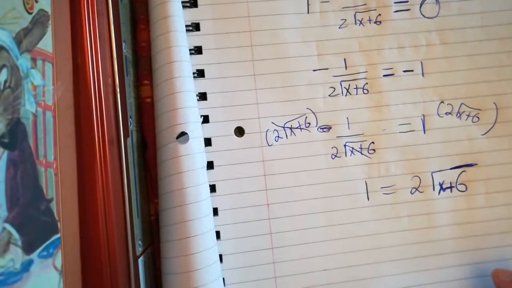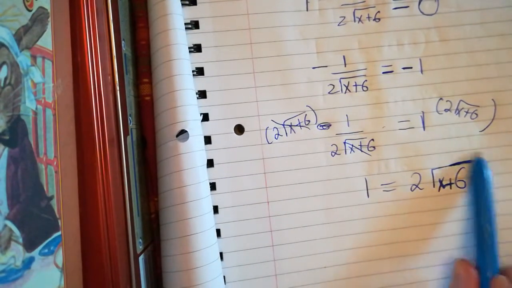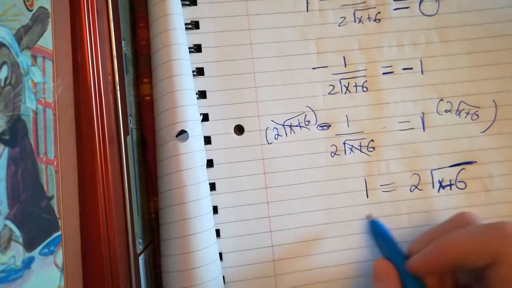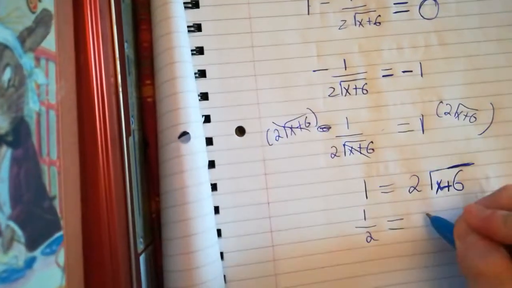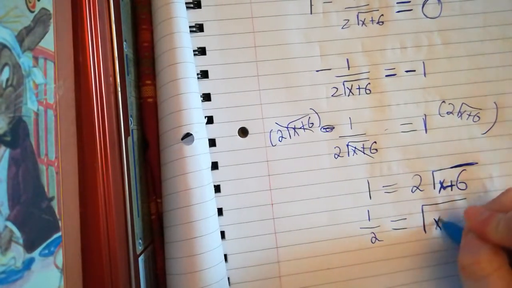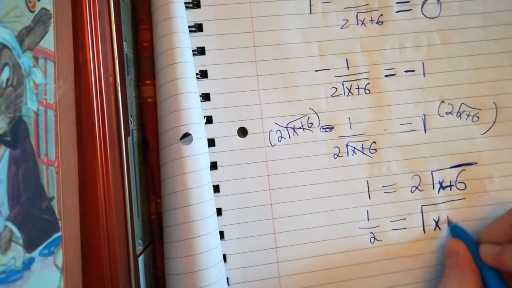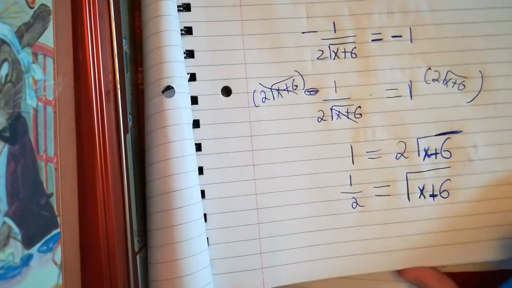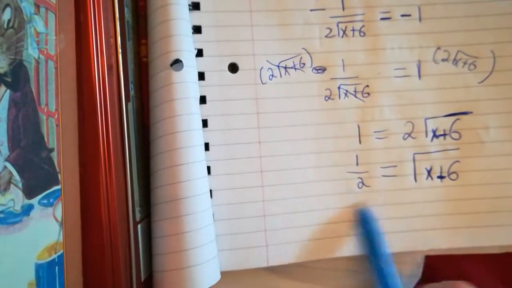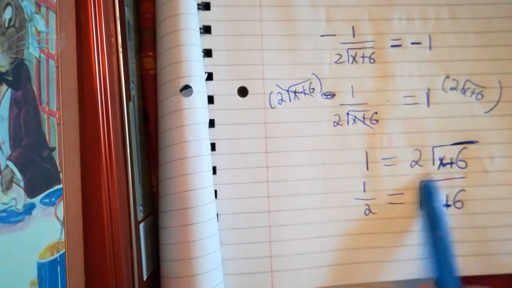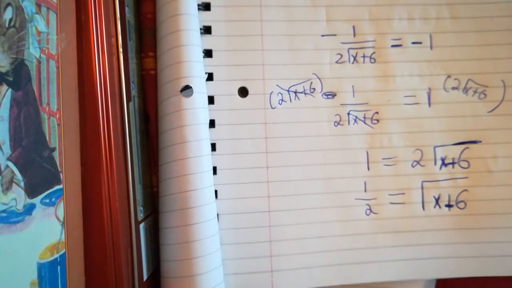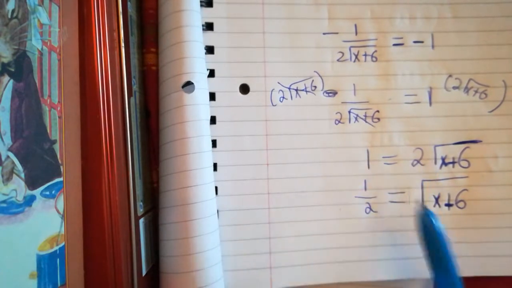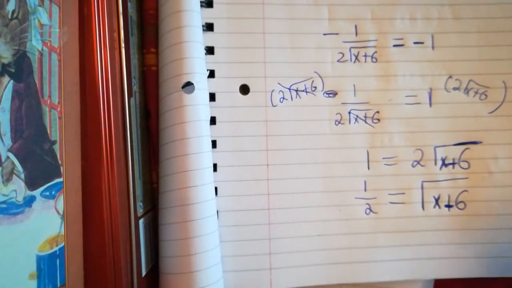And then I want to get my x plus 6 by itself. So what I'm going to do is divide this side by 2. So it'll be 1 over 2 is equal to root x plus 6. The square root is equal to a positive number, so it's going to be a positive square root.